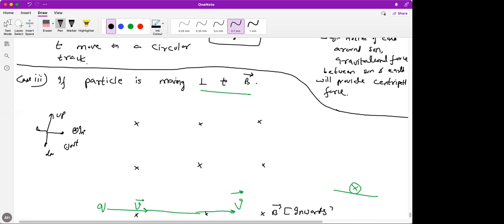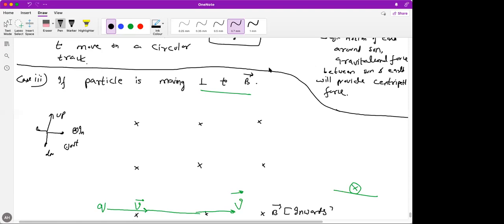No, Noor, it's not correct. Apply the right hand thumb rule. Just take your right hand, place your finger in the direction of velocity and curl it inwards. Fatma, I think you're applying the left hand rule. Use your right hand.